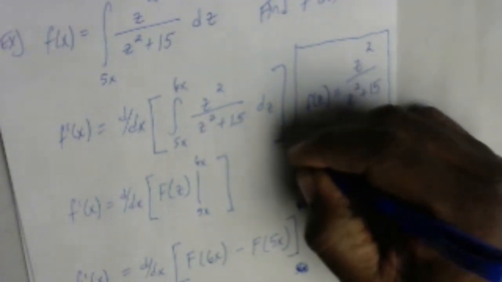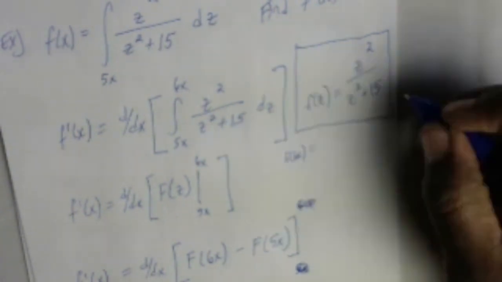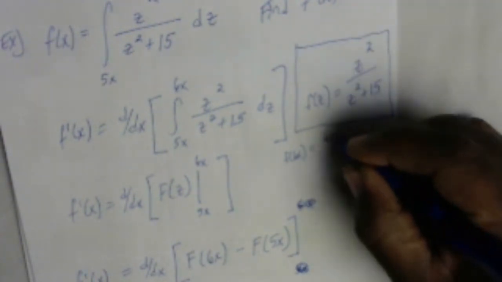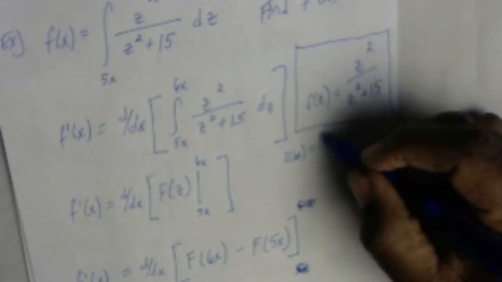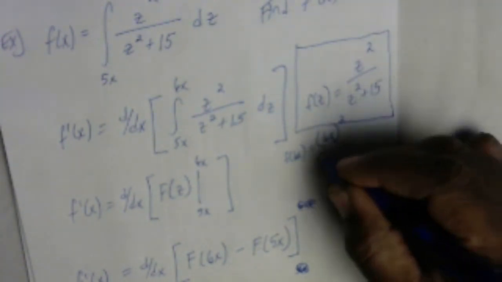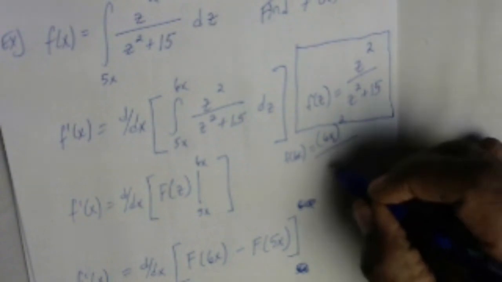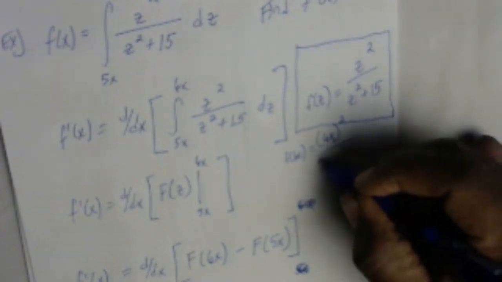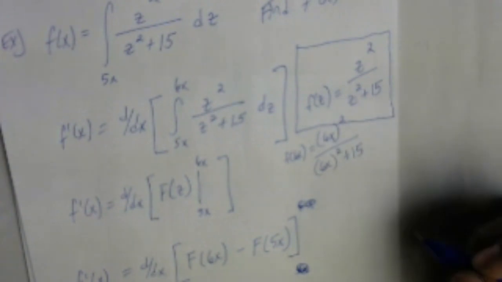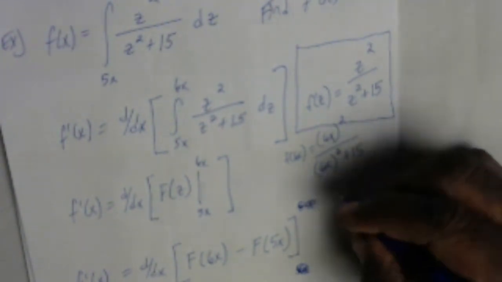So f of 6x would equal 6x quantity squared divided by 6x quantity squared plus 15.